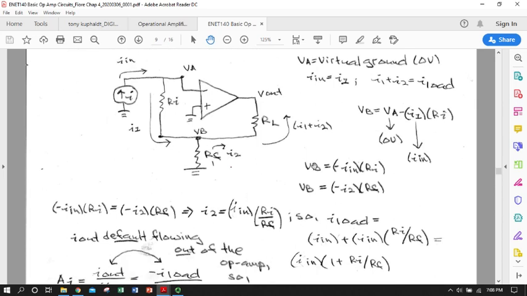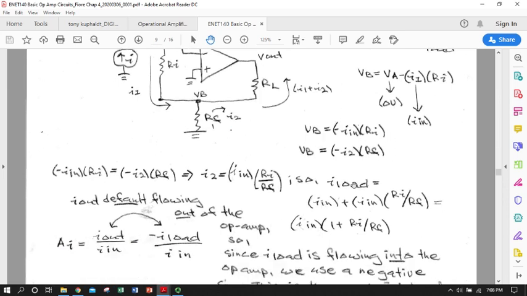So we now have V sub B defined two ways that include In, Ri, Rf, and I2. If we set these two equal, because V sub B equals V sub B, we can apply some algebra and get an expression for I2 in terms of our input current, which we know, and a ratio of our feedback resistors.